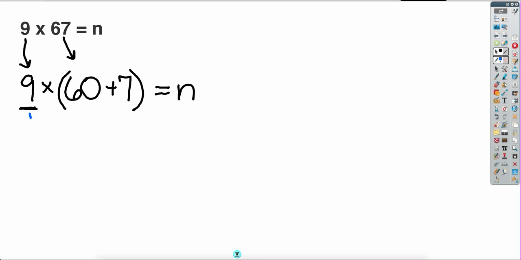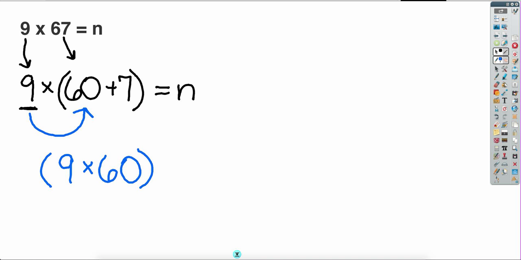I'm going to do 9 times 60. So I'm going to write that in parentheses. 9 times 60, close parentheses, plus, because I am adding these two partial products together, now I'm going to distribute the 9 to the 7 by doing, in parentheses, 9 times 7.